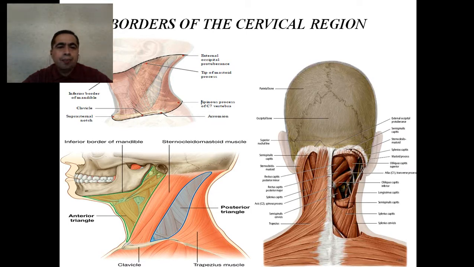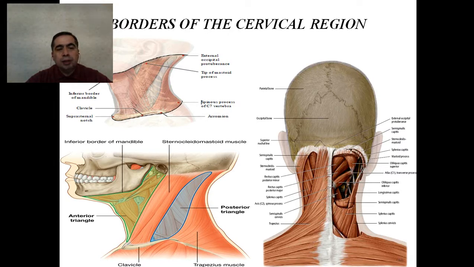This region is limited superiorly by the line which passes through the mental protuberance to the external occipital protuberance, and the inferior border of this region is the line which connects the jugular notch anteriorly and the spinous process of the seventh cervical vertebra posteriorly.